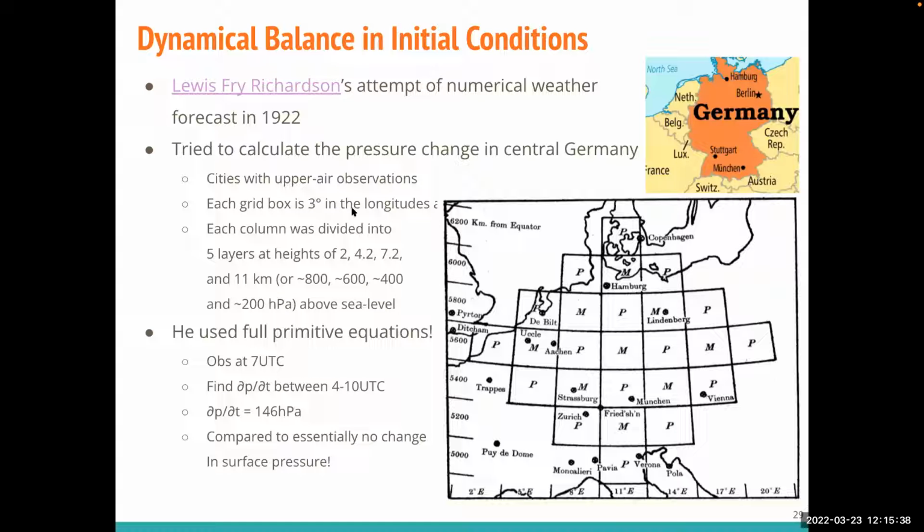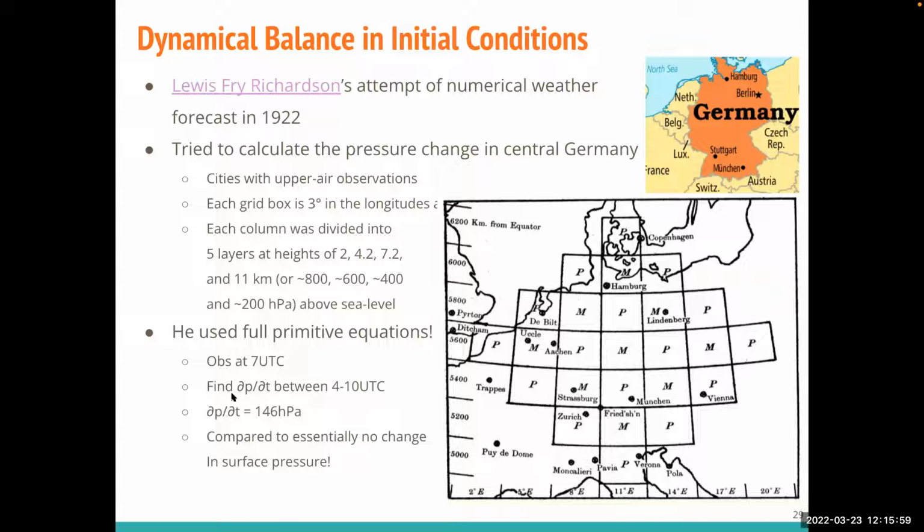Each of the grid boxes was 3 degrees of longitude, and each column was divided into 5 layers. Sorry, something is covering it. He even had vertical layers in his model, and he failed epically.